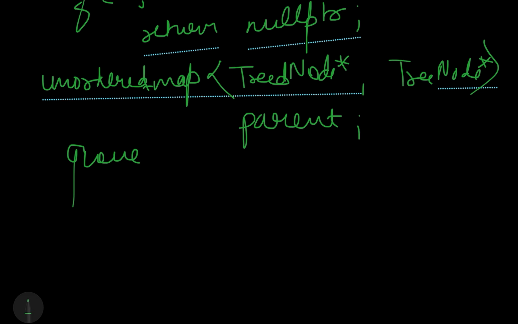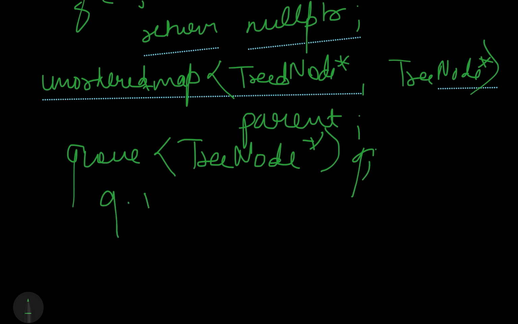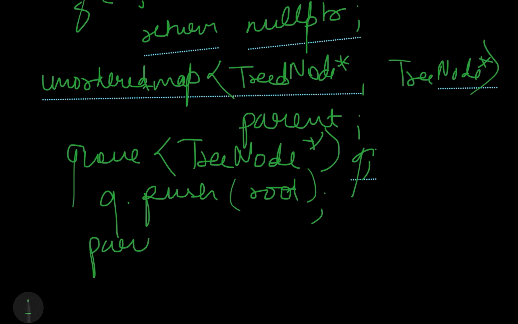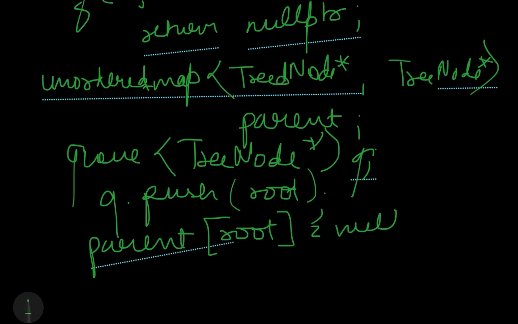Then we'll take a queue which will have all the current nodes starting from the root node, and we'll push the root node in it, and simultaneously we'll store the parent of root as null pointer.